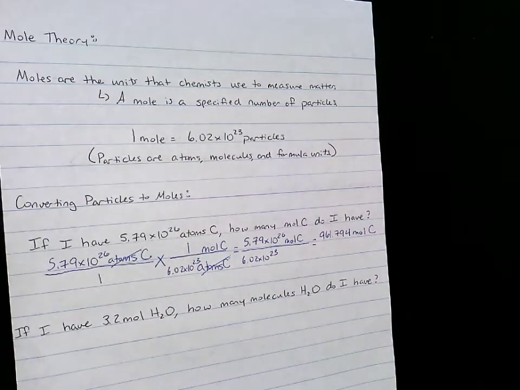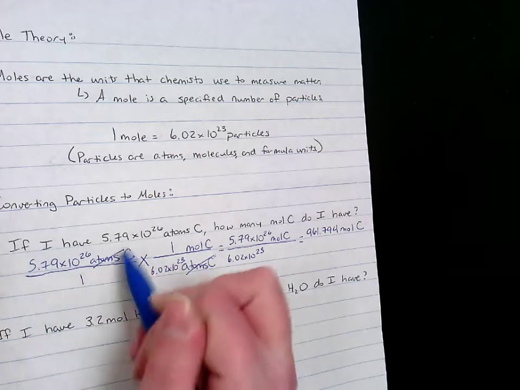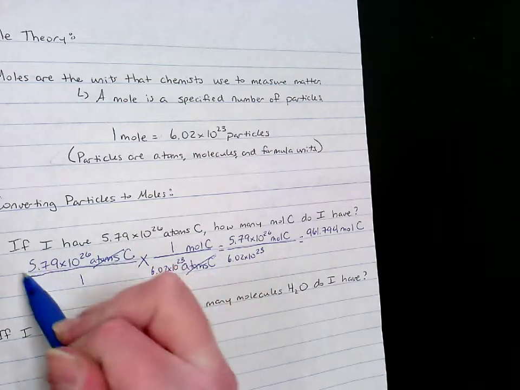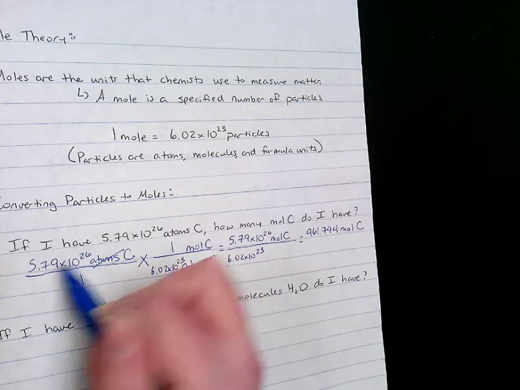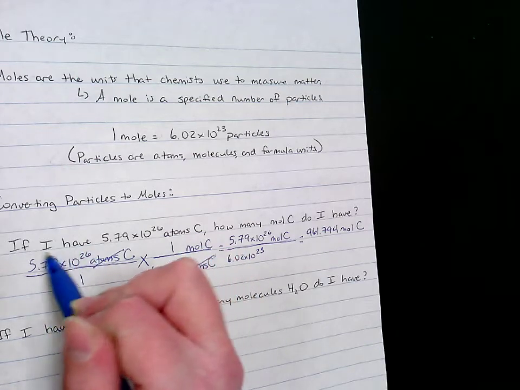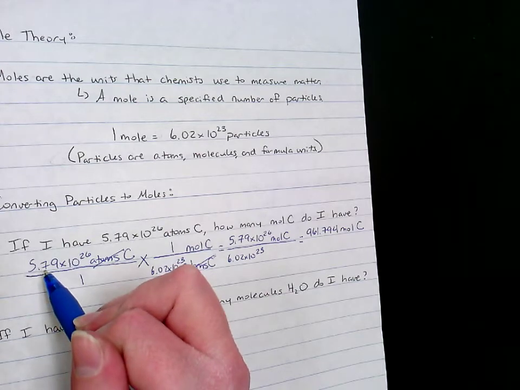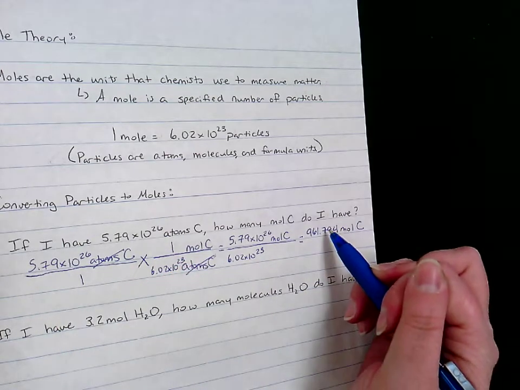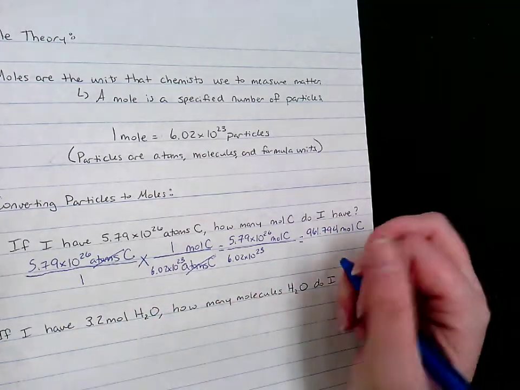So the last step of this is to get my sig figs correct. And for sig figs, the only place I look is at my given value. And since it's in scientific notation, I actually ignore the times 10 part. The only place I look for sig figs is right here, 5.79. So that is 3 sig figs, which means my answer should be rounded to 3 sig figs so that they match each other.